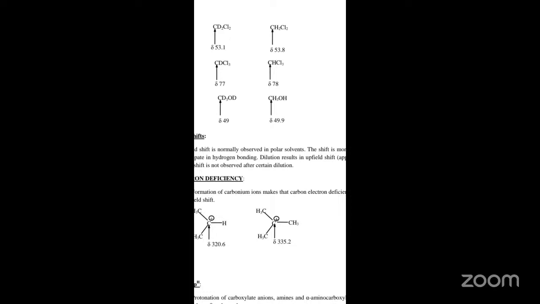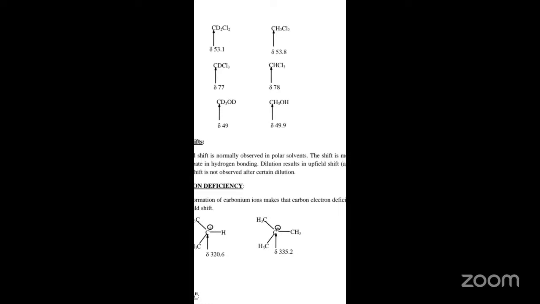You can see here CH2Cl2, dichloromethane, where the delta is 53.8. When the hydrogen is replaced with deuterium, its value is 53.1. So you can see the decrease in the value here.